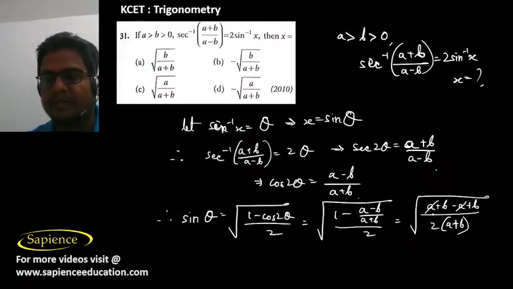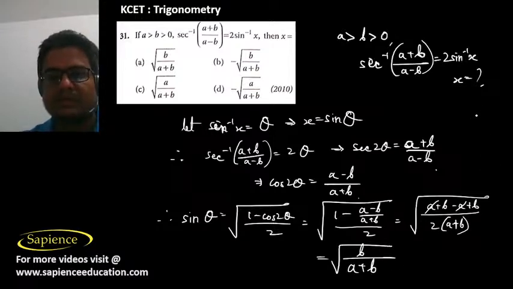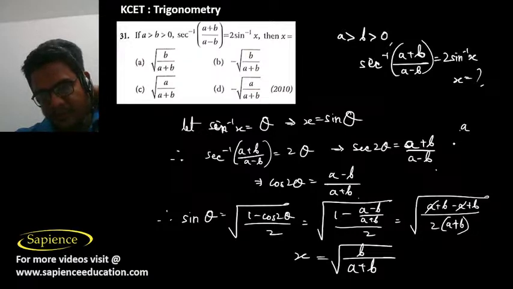So A and A will cancel. So this will be 2B, so root over B by (A plus B). So this is X, which is sine theta. So the option is root of B by (A plus B).